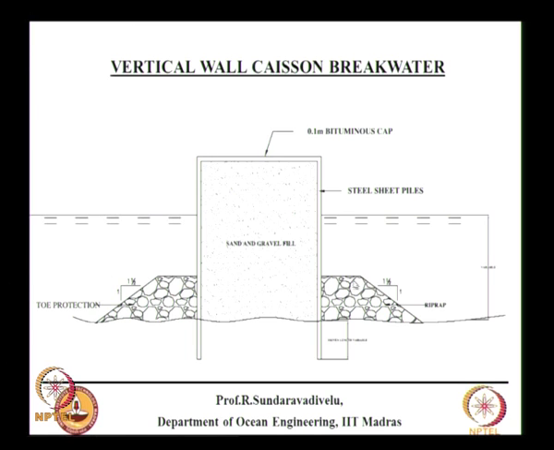They have provided some riprap on either side as a toe protection for this steel sheet pile wall, and since it has a vertical face, suppose this is the sea side, on the harbor side you can bring in smaller vessels and berth, that is what is called the function of the breakwater. Is it only for breaking the waves or for using the lee side as a berthing?